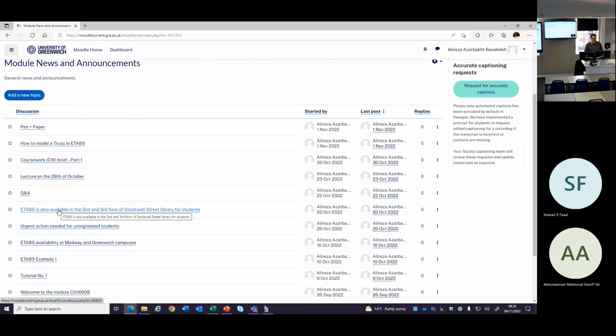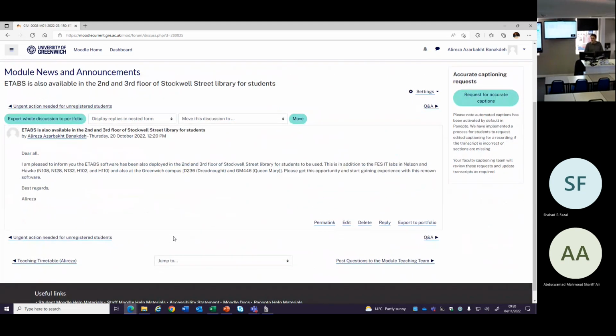ETABS is also available on the 2nd and 3rd floor of Stockwell Street Library for students. If you have received this email, please read your emails when you get one, at least from me, okay? You received this email on 20th October, a couple of weeks ago.